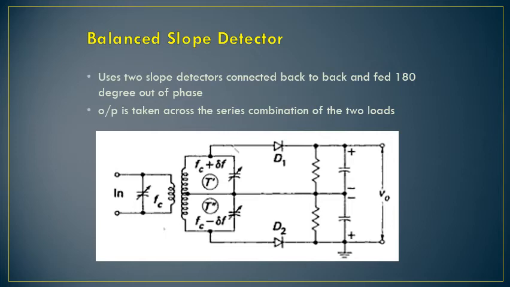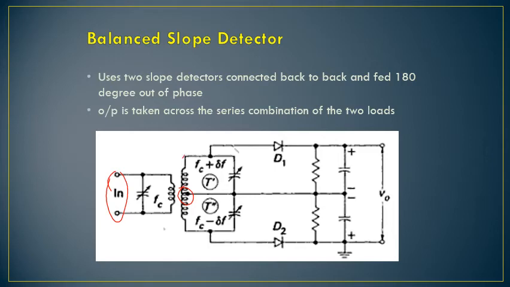From here we are getting our input signal, that is the FM signal. But as you can see, in the secondary we have used a center tap, and because of this, the secondary is divided into two identical parts.